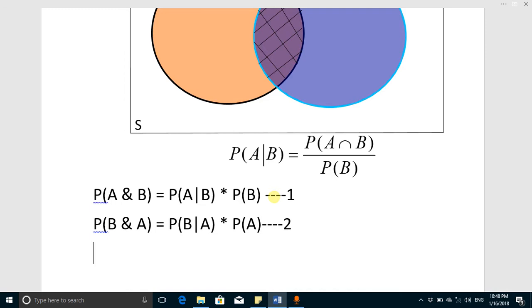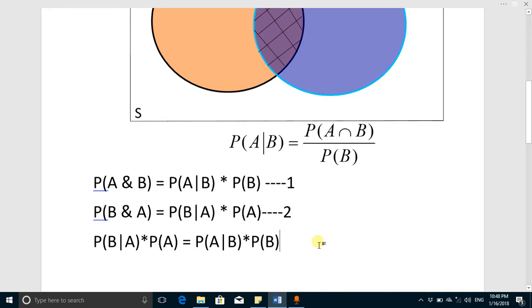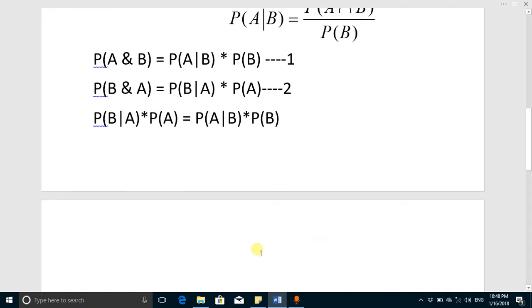So if we use the right side of this equation, we get that probability of B given A into probability of A, that is equation 2, is equal to probability of A given B into probability of B. So from here we can write it like this.